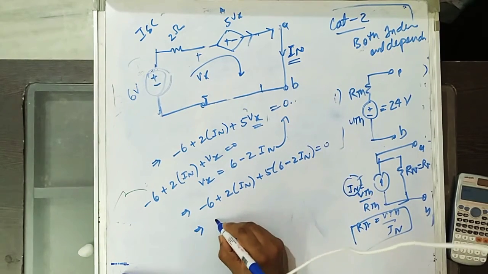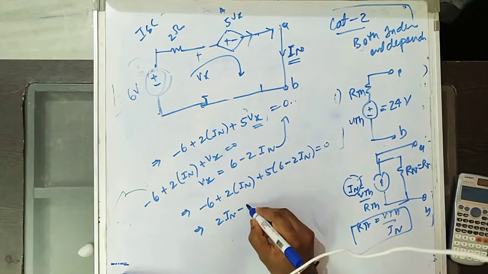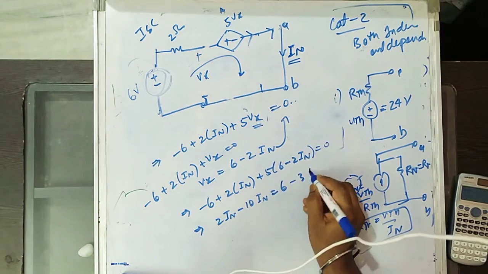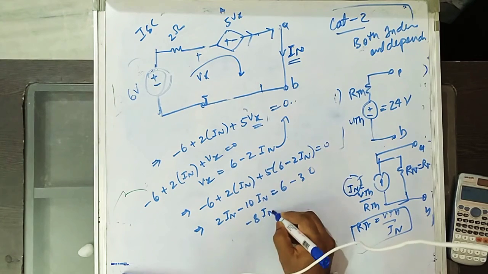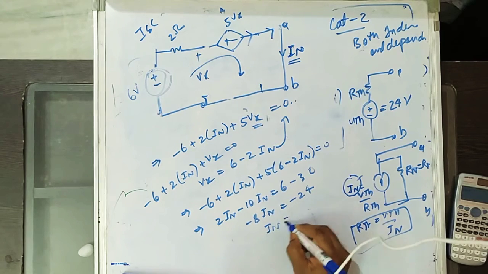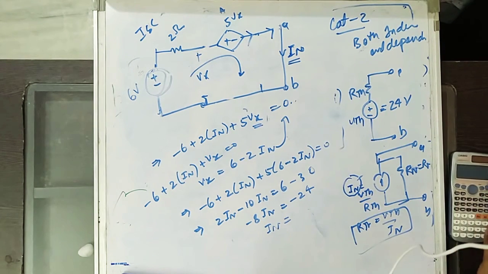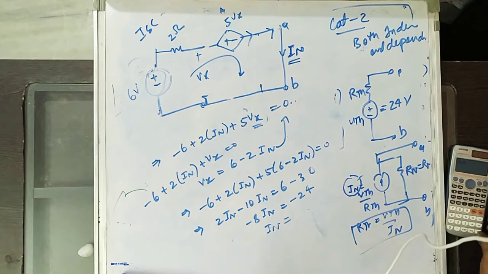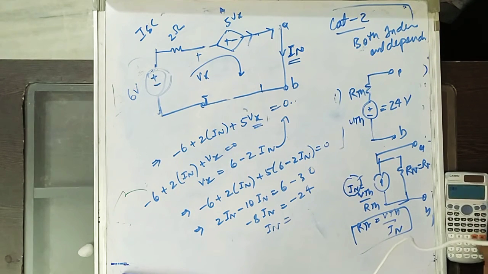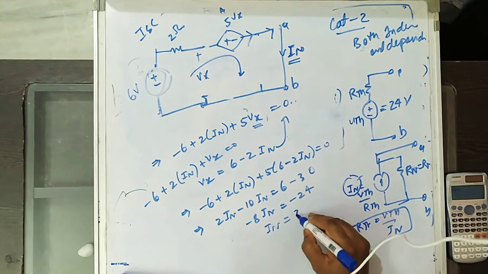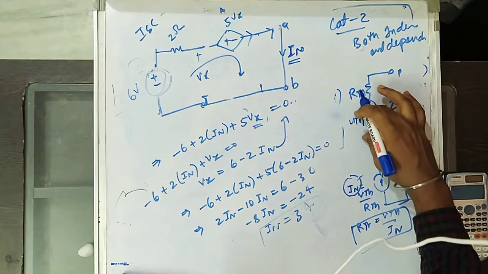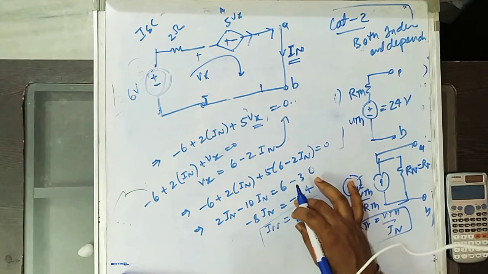So you will get 2 In minus 10 In equal to 6 minus 30. That is minus 8 In equal to minus 24. So In equals 24 by 8, which is 3 amps.